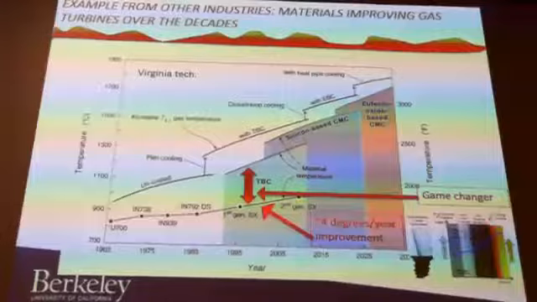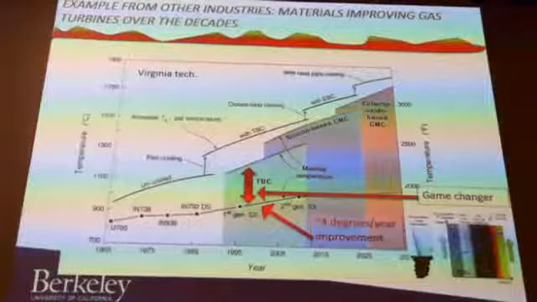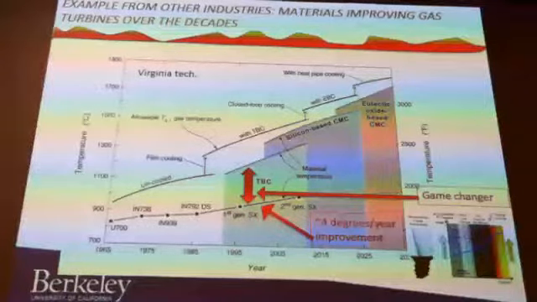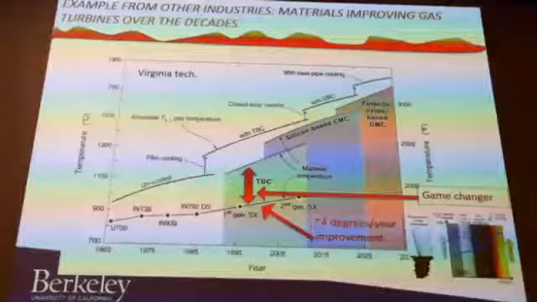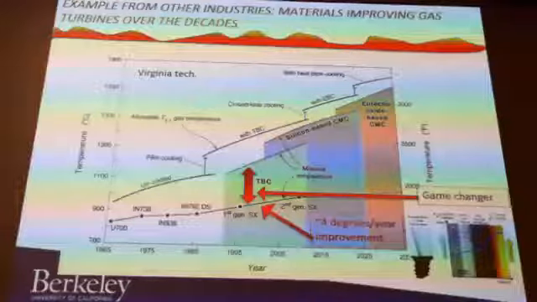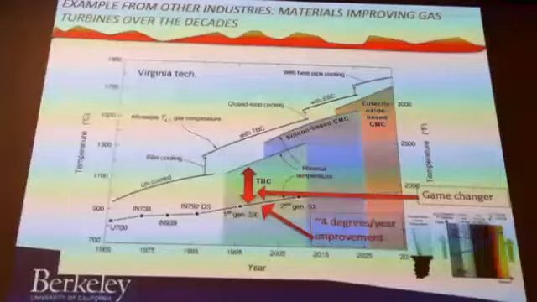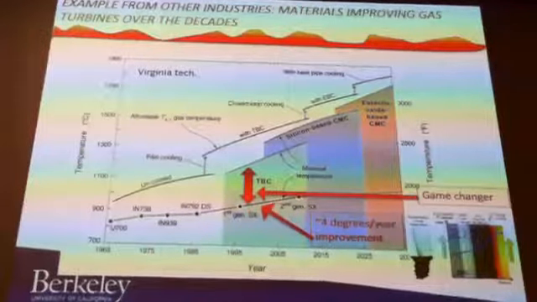But what you really want is this, right? You want to improve the application and the use through some innovative thinking and innovative material science. But in order to get there, you really have to understand the mechanisms degrading your service condition. If you don't understand your mechanism, you will never know how to get there.